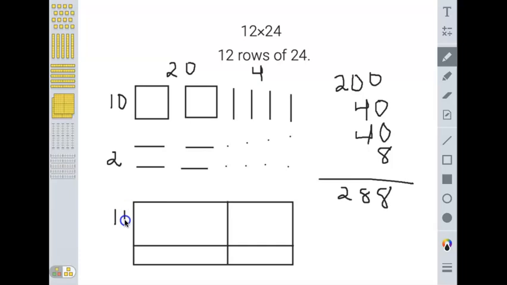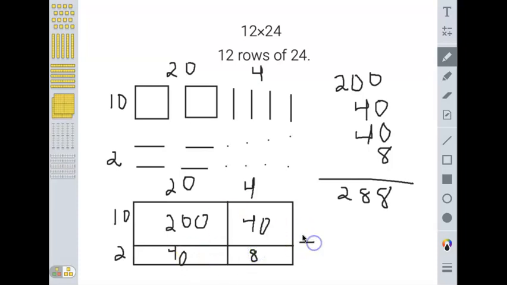So 10, 2 will give us 12, 20, and 4 will give us 24. 20 times 10 is 200. 10 times 4 is 40. 20 times 2 is 40. 4 times 2 is 8.